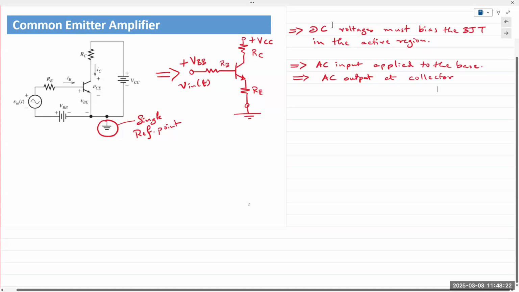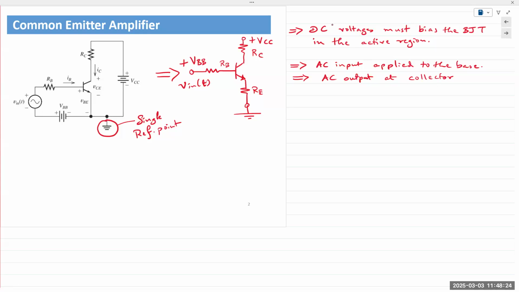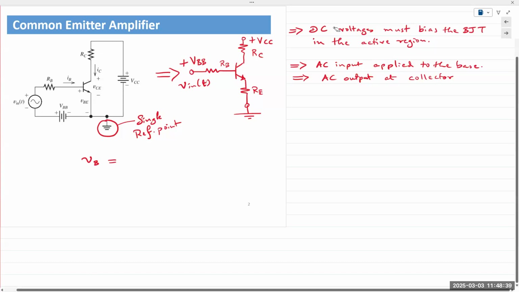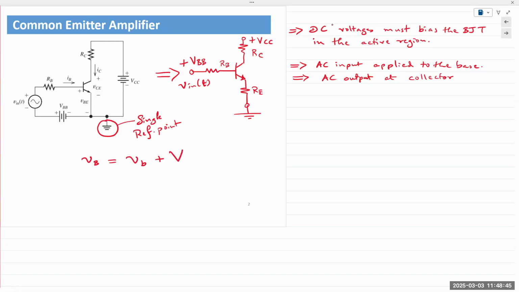Okay. One other thing we need to keep in mind is the notations. A lowercase notation with uppercase subscript means AC and DC combined. Let's make this a bigger font. That's a lowercase v, that's an uppercase V, VB.